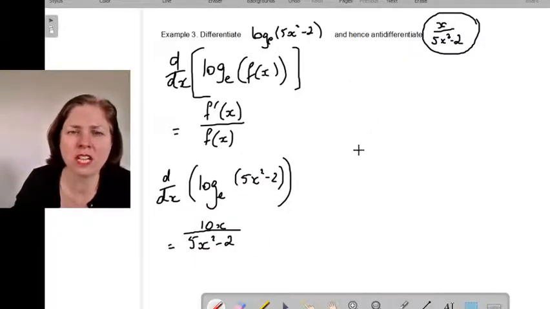So the first thing I'll start doing is writing down what I've found by differentiating.